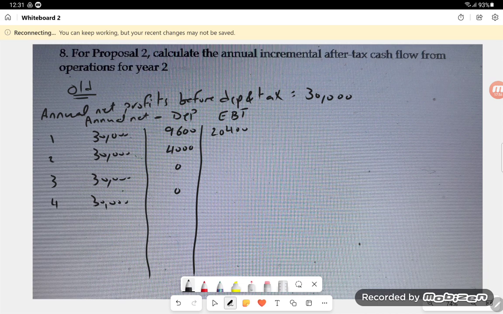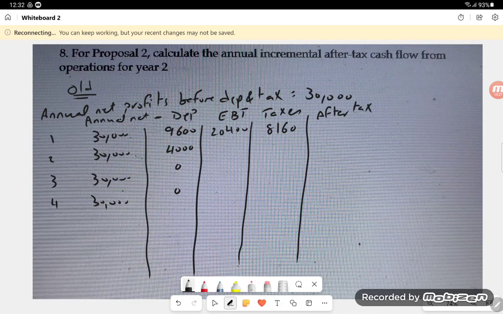and then we are going to impose tax. So taxes will be 40% of this value. So it will be 8,160. So the annual after tax cash flow is the difference between before and taxes.